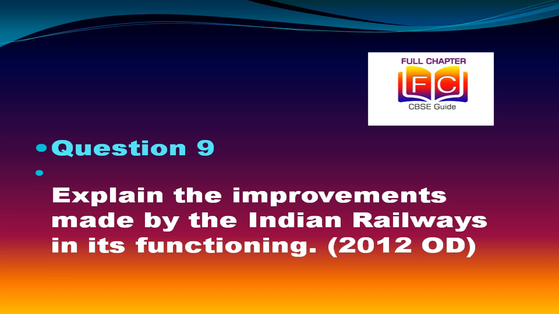Next question. Explain the improvements made by the Indian Railways in its functioning. Railways make it possible to conduct multifarious activities like business, sightseeing, pilgrimage, transportation of goods and passengers. It accelerated the development of the industrial and agricultural sector.